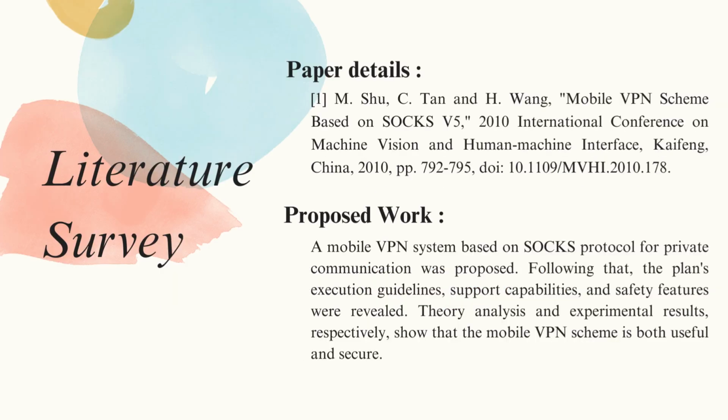Moving on to the literature survey, the first paper, the Mobile VPN Scheme based on SOCKS5, published in the International Conference on Machine Vision and Human Machine Interface, China. So, according to this paper, a mobile VPN system based on SOX protocol for private communication was proposed in response to the insecure aspects of data exchange over public mobile networks.